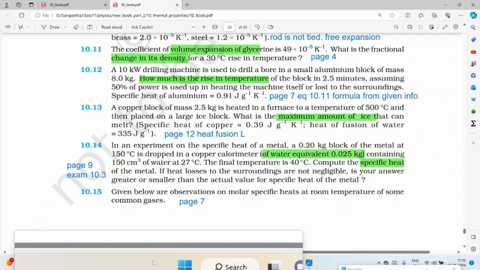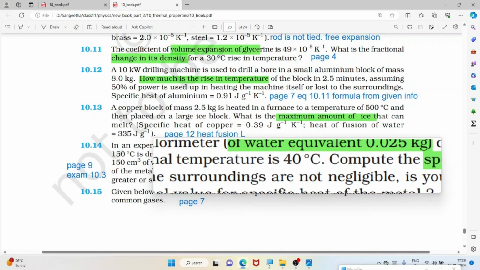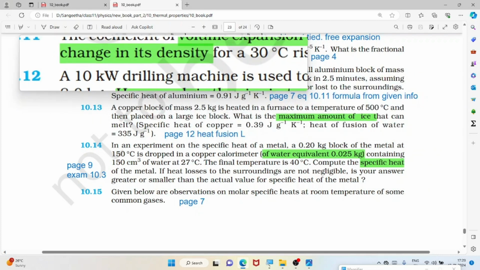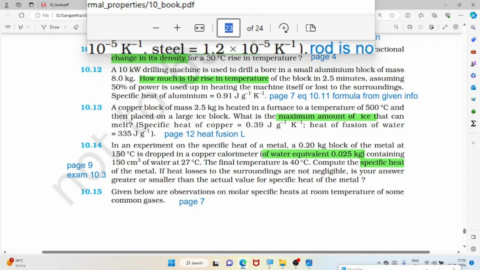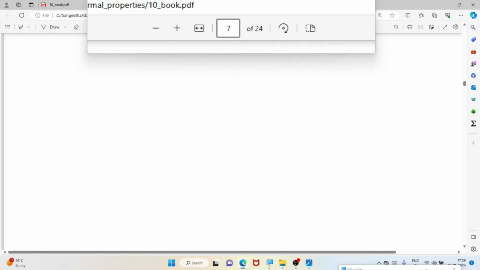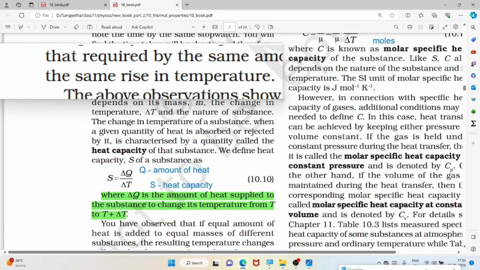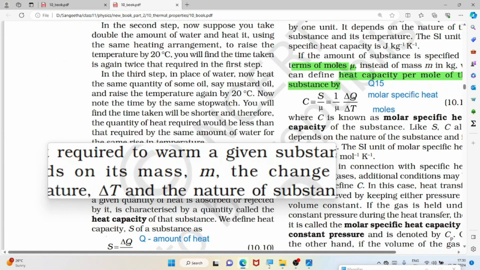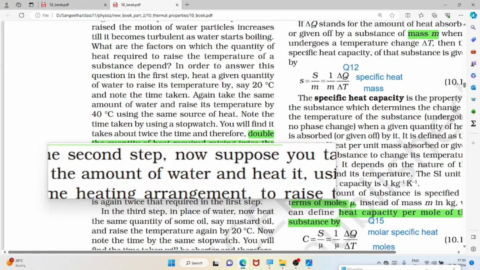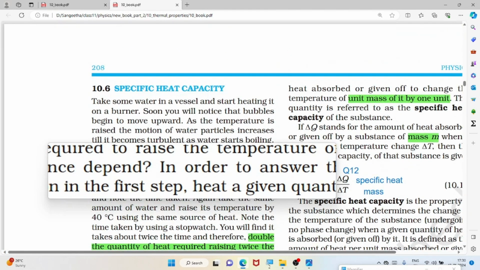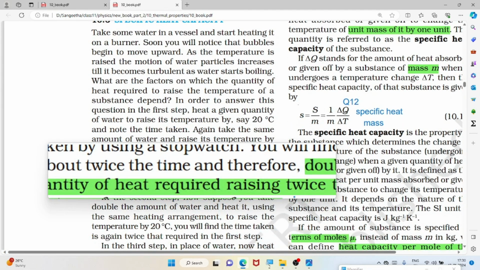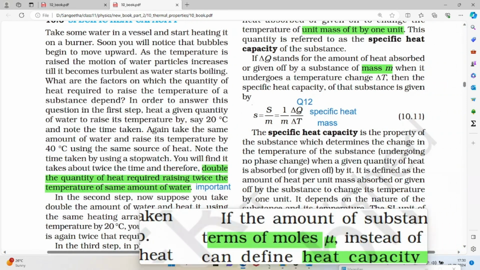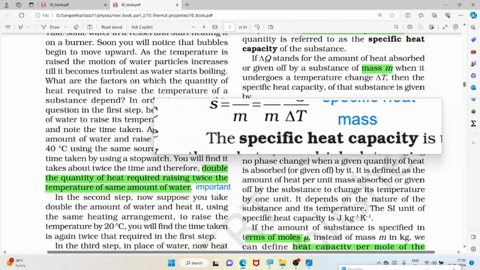So again, from the given info, you should know which formula should be used. So this formula.